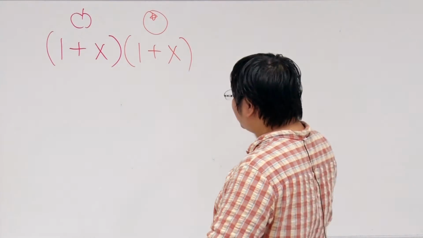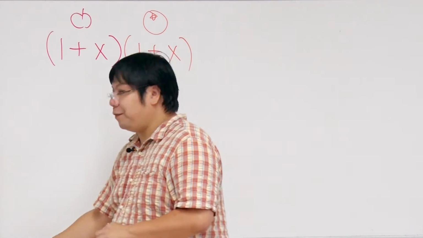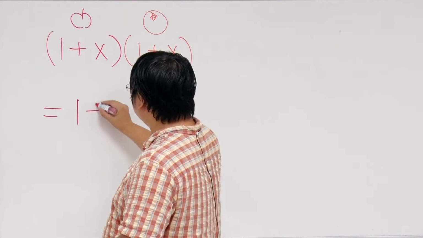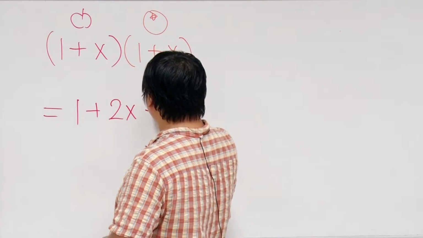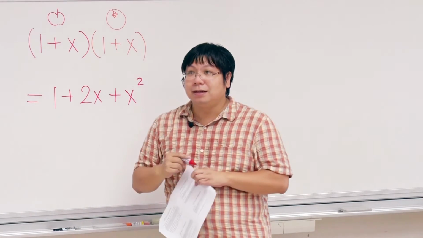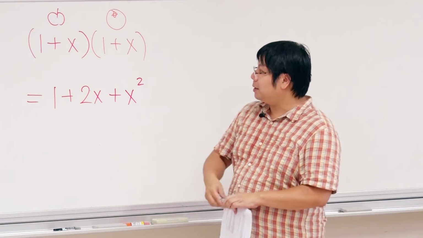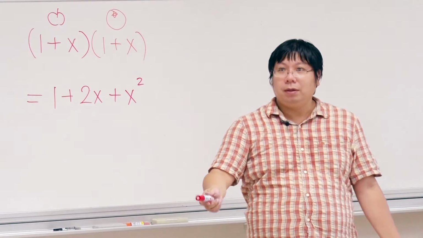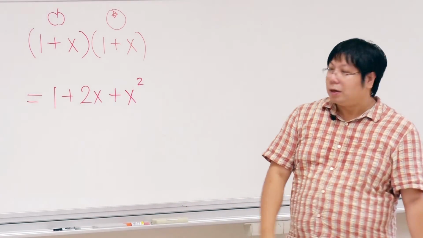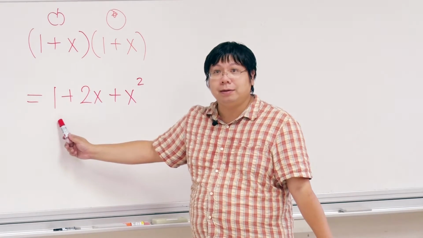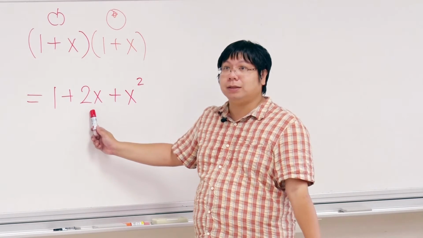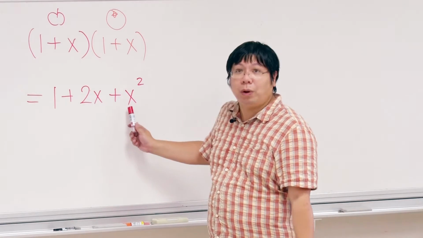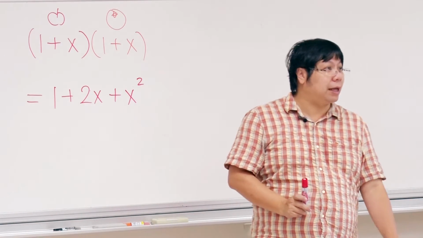And then if we expand this together, we get 1 plus 2x plus x squared, right? So what does it mean? It means that if we can pick or not pick apple, and pick or not pick orange, then there is one way of picking nothing, there are two ways of picking exactly one thing, and there is one way to pick two things.